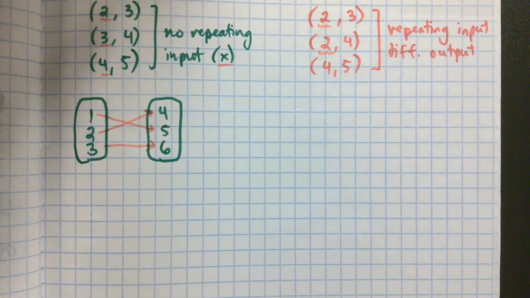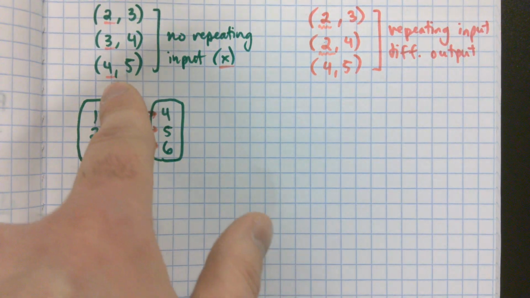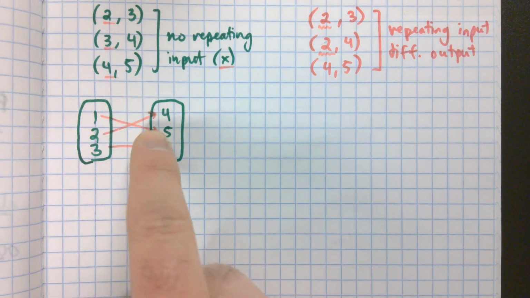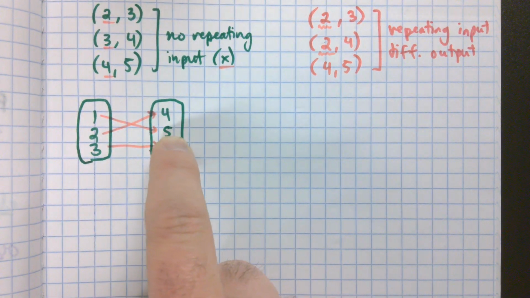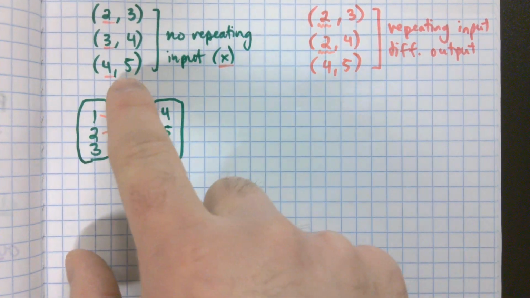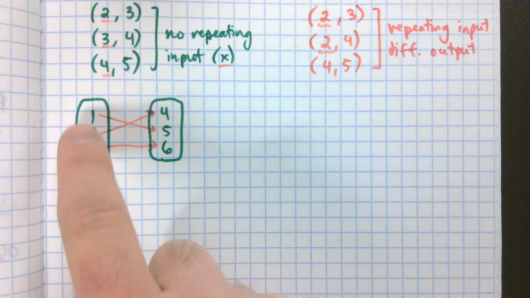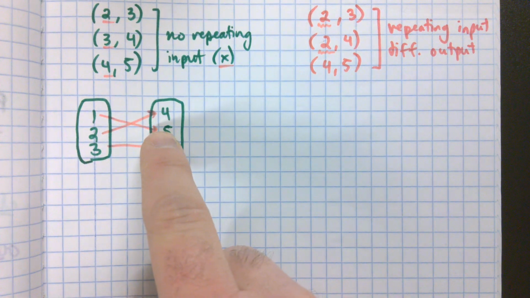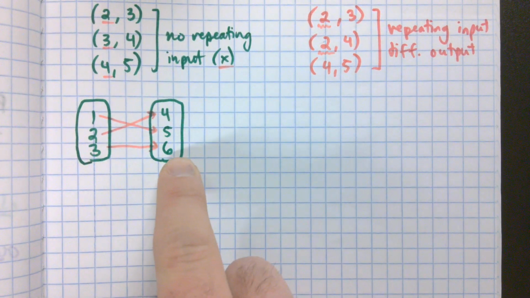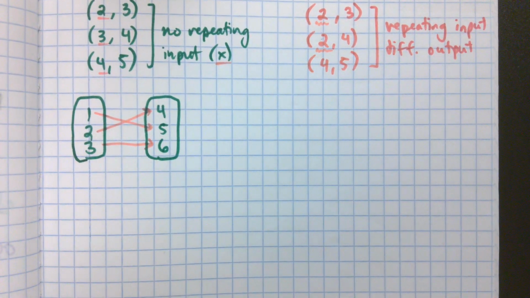It's just a kind of a different way to represent this same thing with these points, where the input is traced over to a single output with an arrow. So if we wanted to convert this mapping diagram into coordinates like this, we could say 1, 5, 2, 4, and 3, 6. We just follow the arrows.